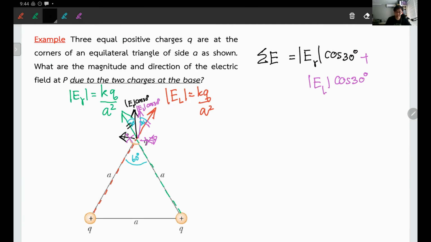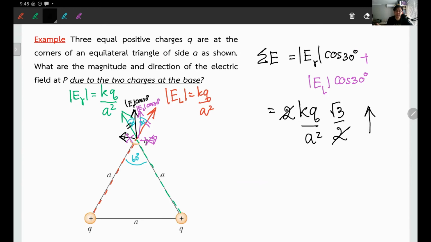However, we know these two terms are the same, so the net is going to be 2 times K times Q over A squared cosine 30. Or you can write cosine 30 as root 3 over 2. Up to you. That's fine. And you can say it's in the upward direction. Let me put the arrows here. It's pointing up. The horizontal components cancel.